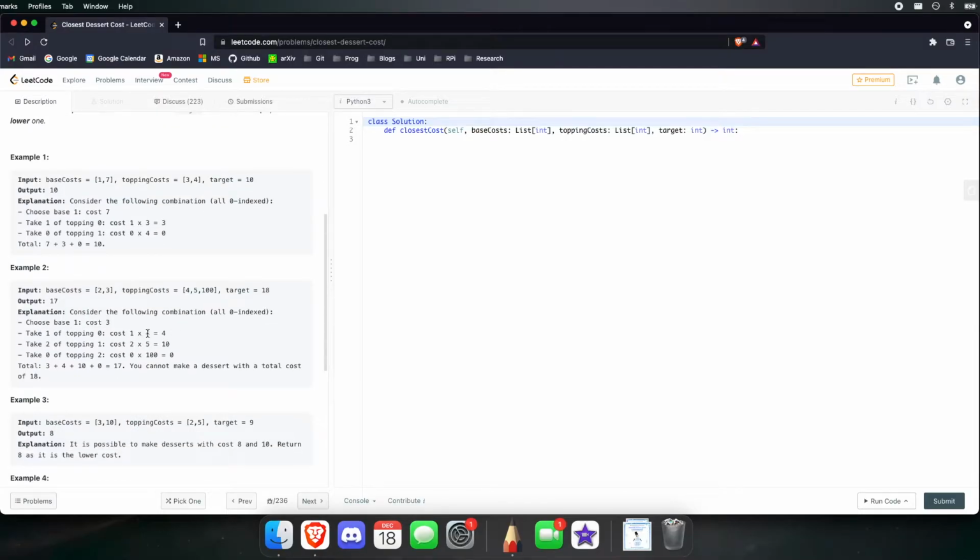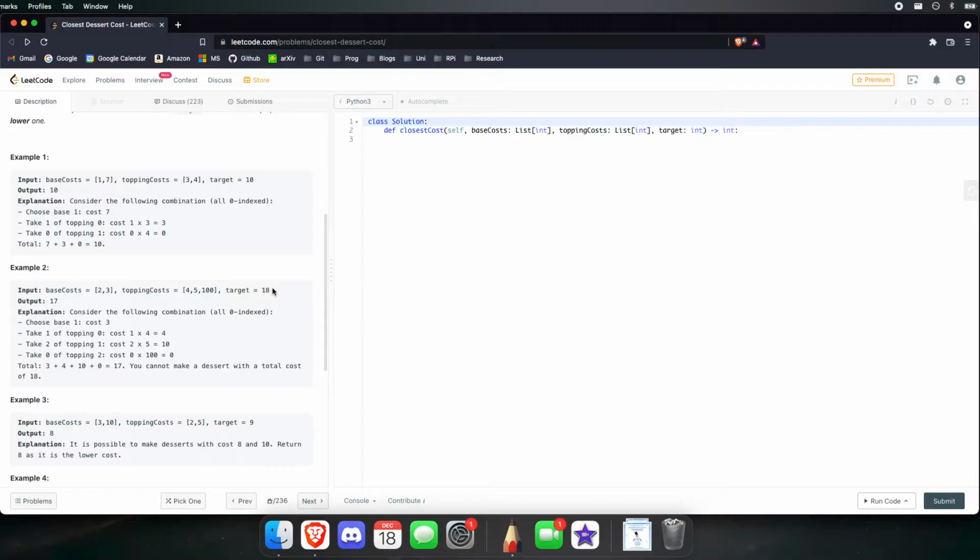In the second example, as you guys can see, we can choose to have base cost of 3, then choose to have one topping that costs 4, and two toppings that cost 5. And of course 0 that costs 100, and that will give us a grand total of 17.